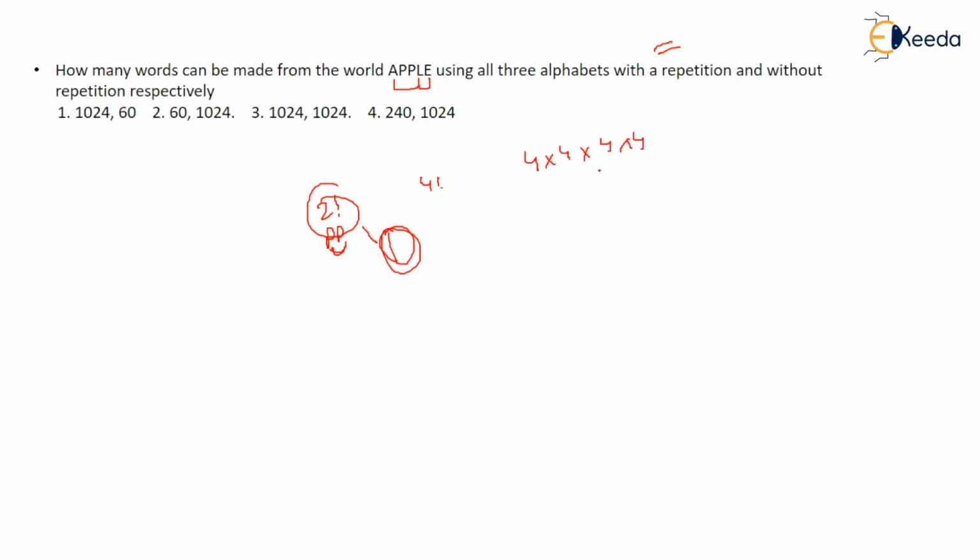This is equivalent to what? 16, 64, 64 into 4, that is 256, and into 2 factorial, because it can exchange its position in two ways. So this will be 512.